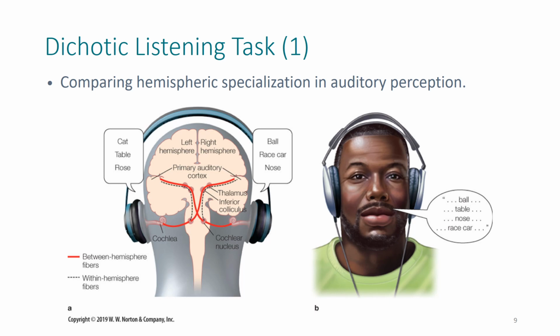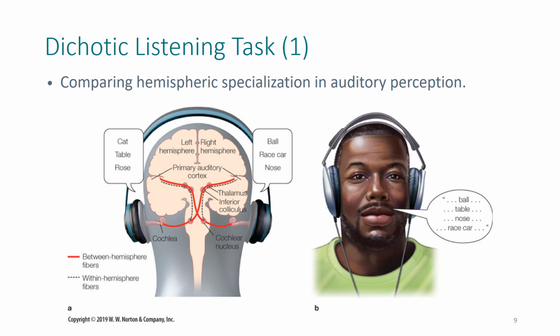Auditory information is projected bilaterally. Although most of the ascending fibers from the cochlear nucleus project to the contralateral thalamus, some fibers ascend on the ipsilateral side. Participants are asked either to report the stimuli, B, or to judge whether a probe stimulus was part of the dichotic message.